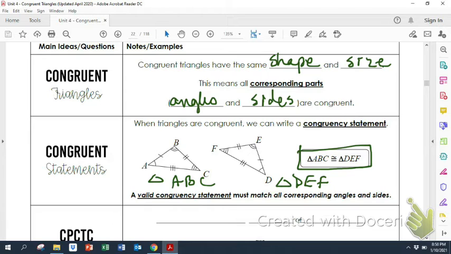So a valid congruency statement must match all corresponding angles and sides. So for example, angle A, the first letter, corresponds to angle D, and then side AB, this side here, corresponds to side DE right there. So we can do that with every part of this, but instead let's just move on to show a different way to do that.